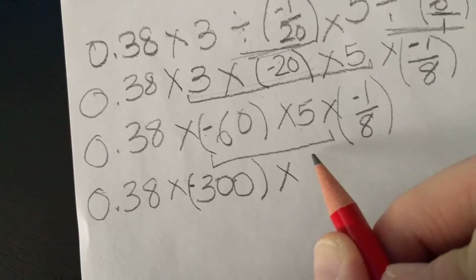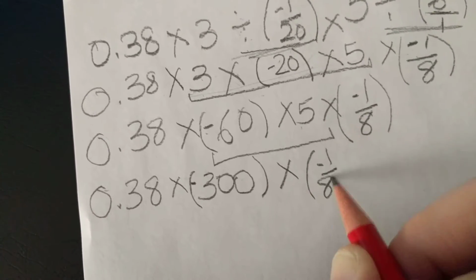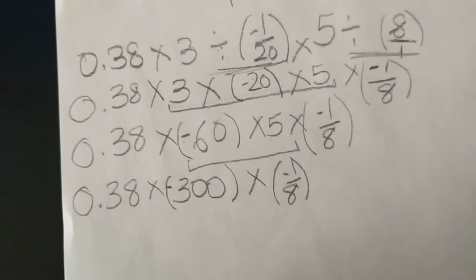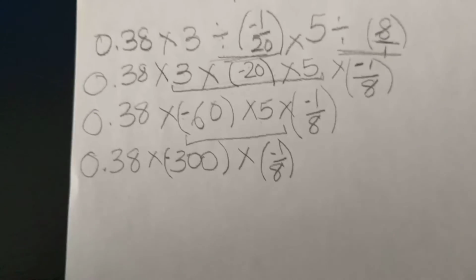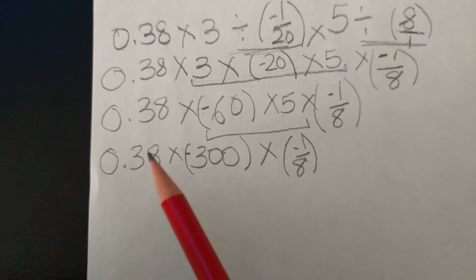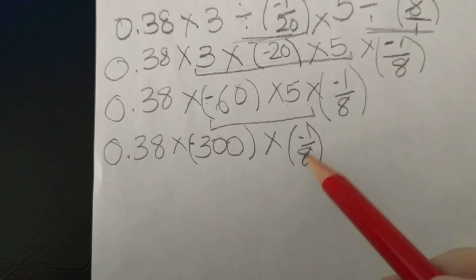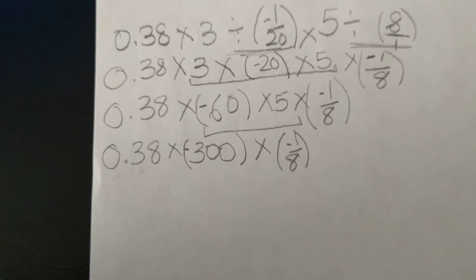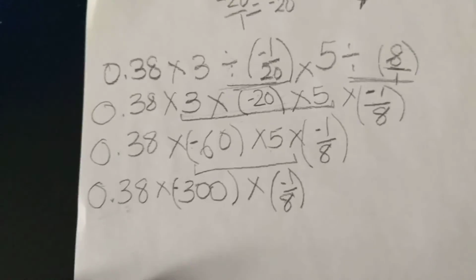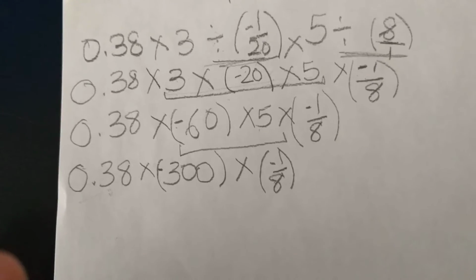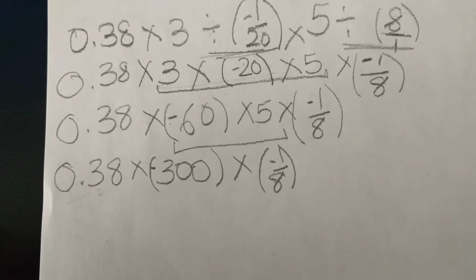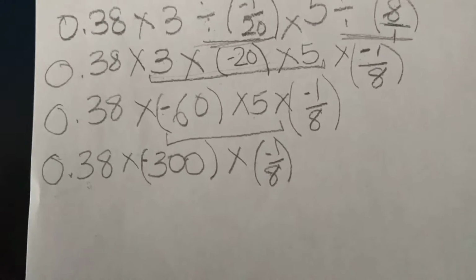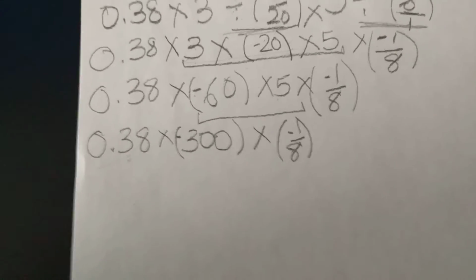And then times negative 1/8. So now that we've simplified the problem as much as we possibly can, we have to decide if we want to make this a decimal or a fraction. To be honest with you, I know a lot of you hate fractions, but dealing with fractions will allow you to solve the problem quicker with way less number crunching.